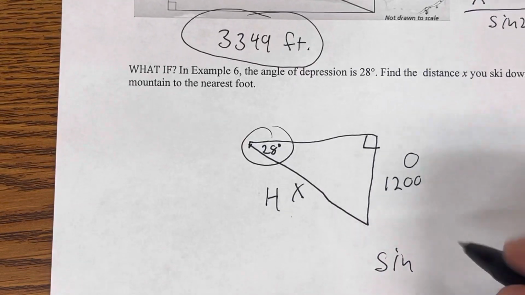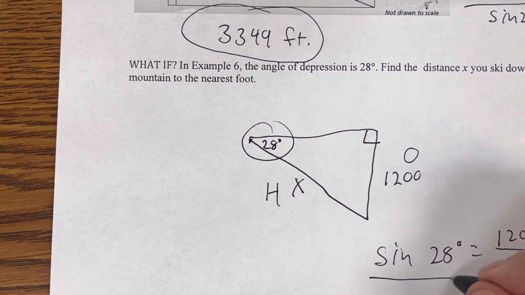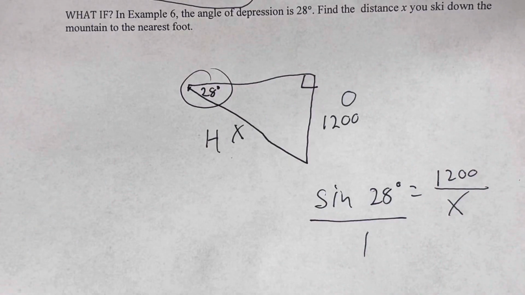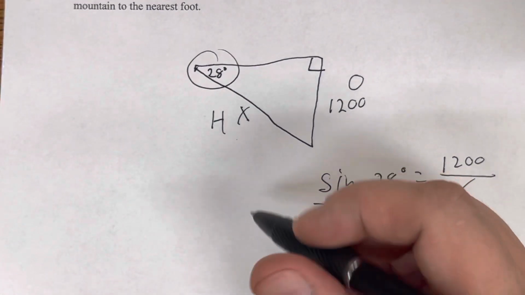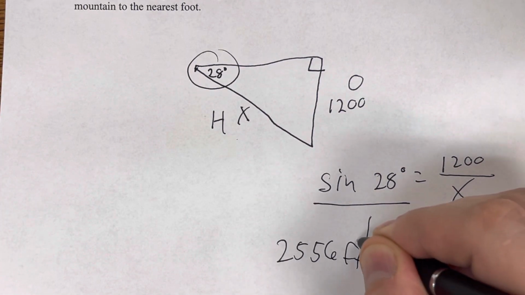Sine of the angle, in this case, is 28 degrees, equals the opposite piece, 1,200 over x. Put it over 1, and we'll cross multiply to solve. And I'm just going to do this one in my head, and I'm going to take 1,200 divided by the sine of 28, and I get 2556. And we have found it.